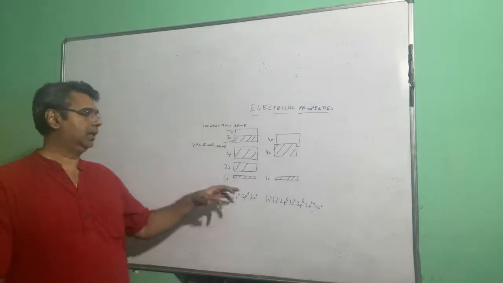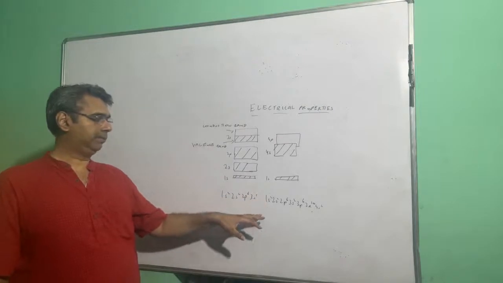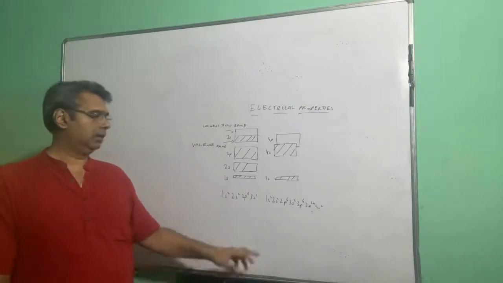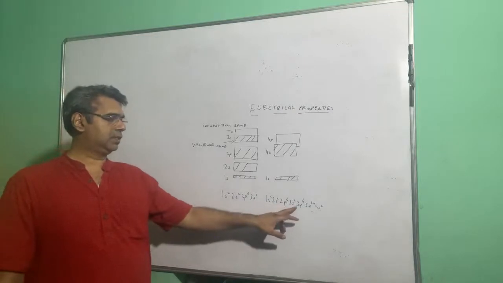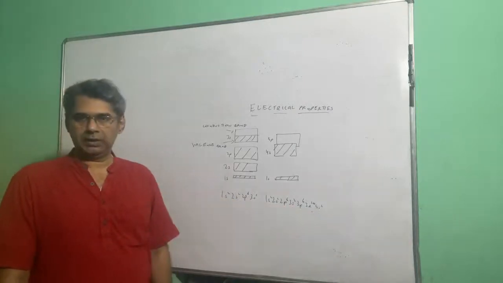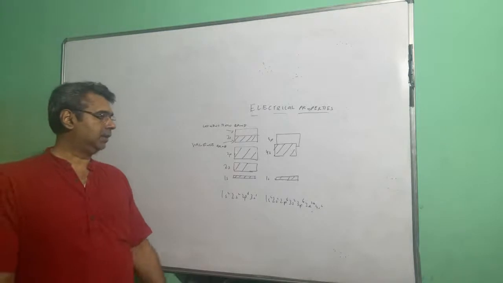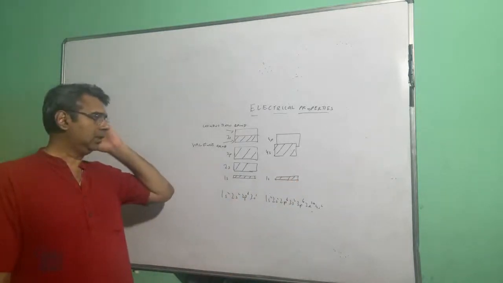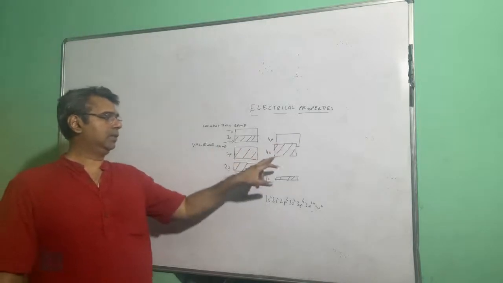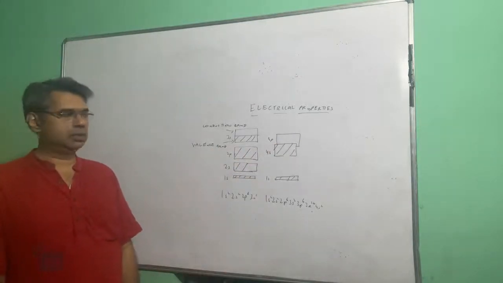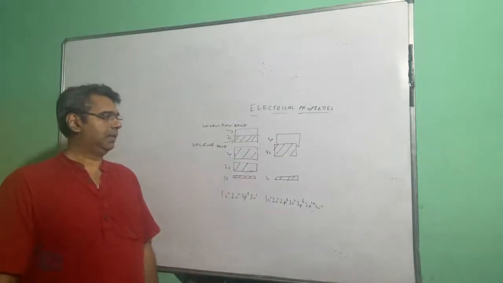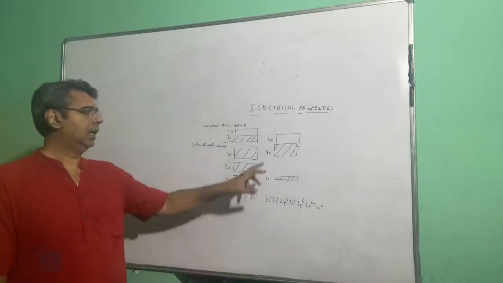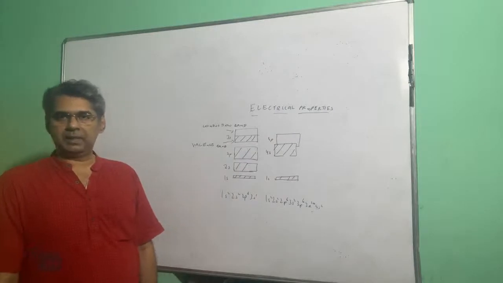Now suppose you are drawing the energy band for zinc. For zinc, the configuration is 1s2, 2s2, 2p6, 3s2, 3p6, 3d10, 4s2. So for zinc, this will be the 1s orbital, and this will be the 4s band. The 4s band is fully shaded because it is fully occupied, and the 4p band is completely empty.